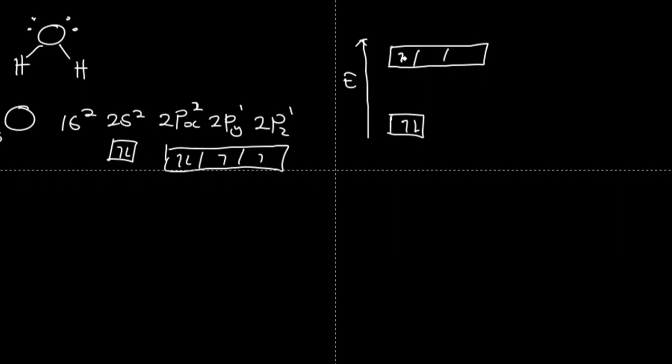The first one having paired electrons, then the other p orbitals, this is px, py, then pz. The other ones having unpaired electrons.